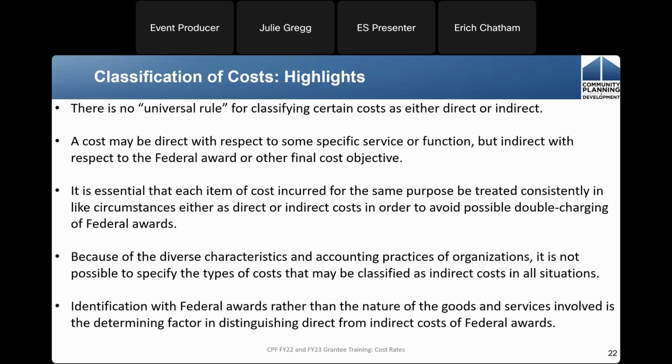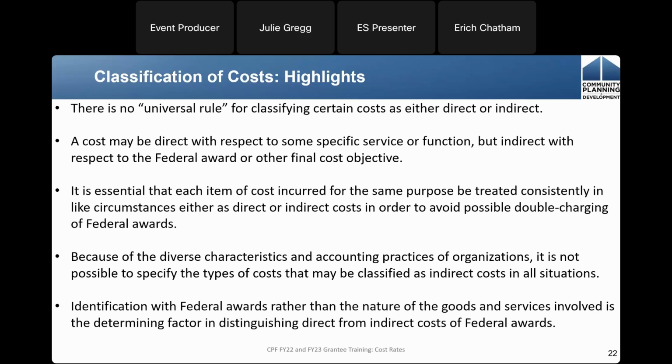As I've mentioned previously, you really want to make sure your organization's financial policies and procedures identify how you will allocate cost, and you must do that in a uniform, consistent manner across all of your programs and funding sources. Because of the diverse characteristics and accounting practices of the wide variety of organizations funded through these programs and other federal grants, it's not possible to specify the types of costs that may be classified as indirect costs in all situations.